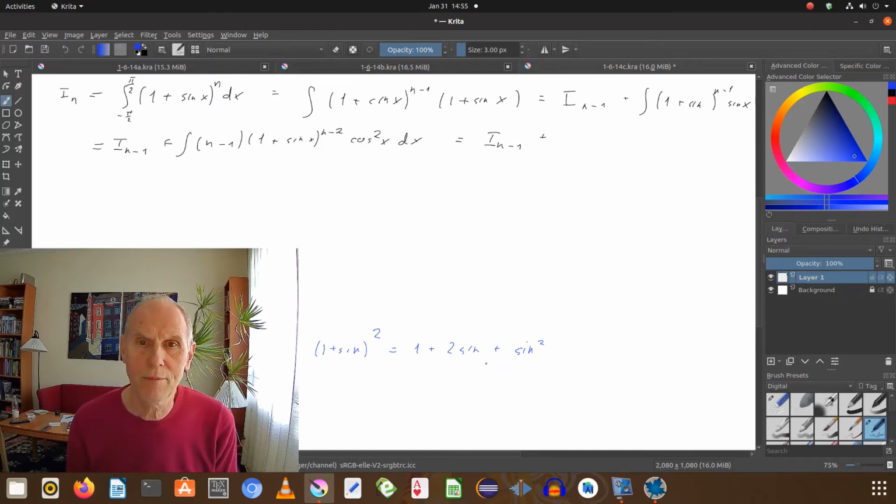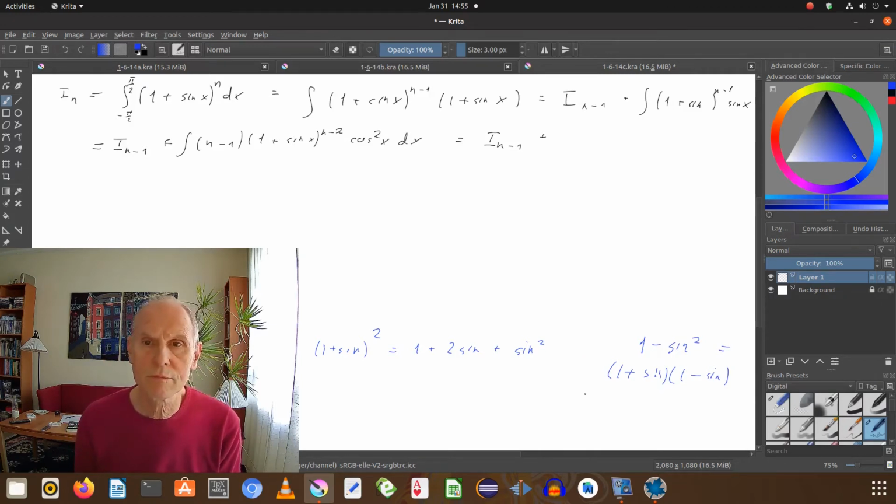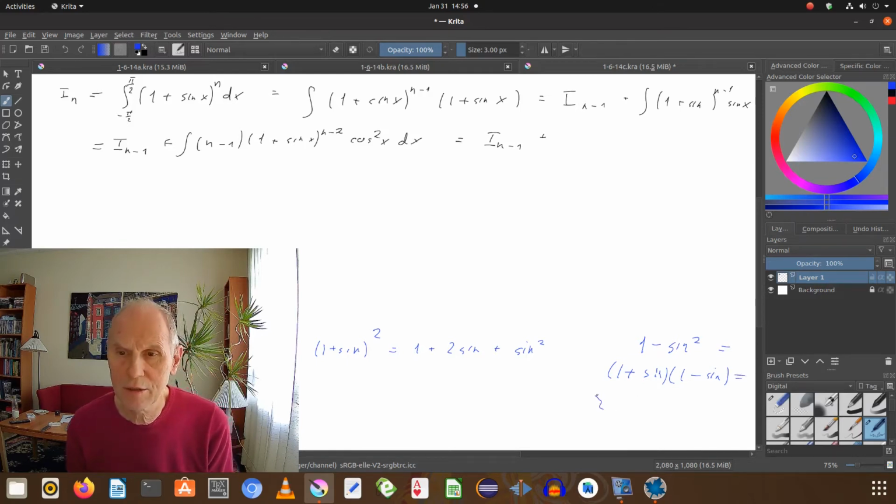And we have 1 minus sine squared, which can be written, of course, as 1 plus sine times 1 minus sine, and then this is 1 plus sine, so we just forget this.